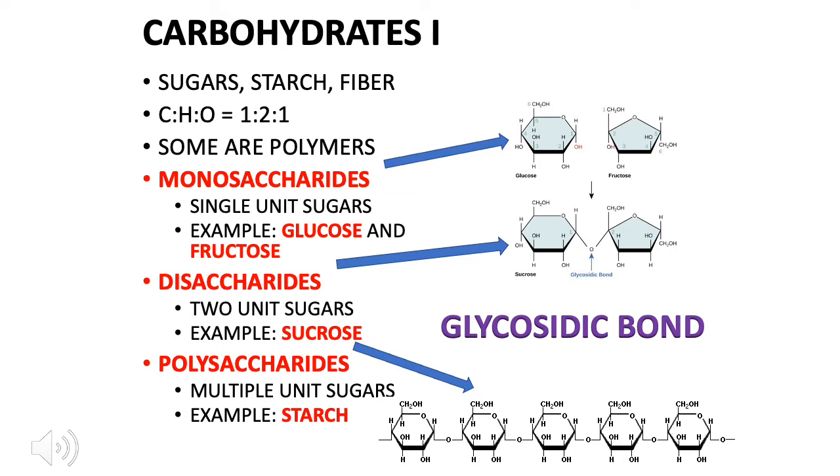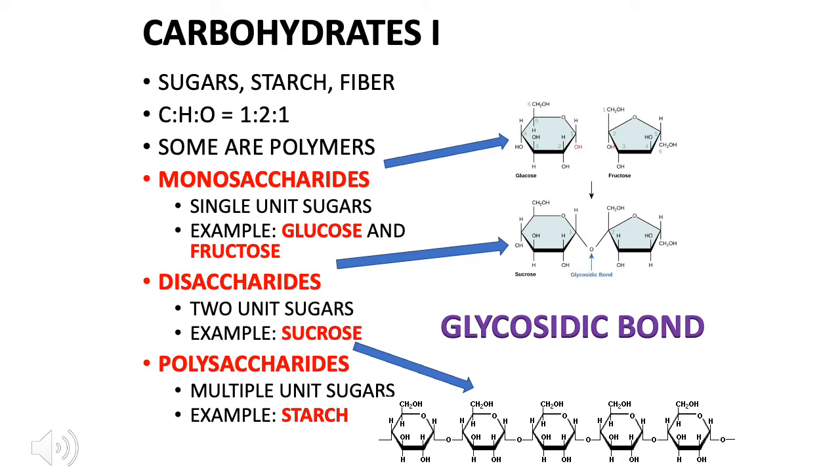Multiple unit sugars. You'll see starch down there. We saw a picture of starch on a previous slide. It just looked a little bit different. But I see individual glucose molecules in a series, and I see this funky little bond with the oxygen in the middle of it, a glycosidic bond linking each of those sugars into that long polymer chain.